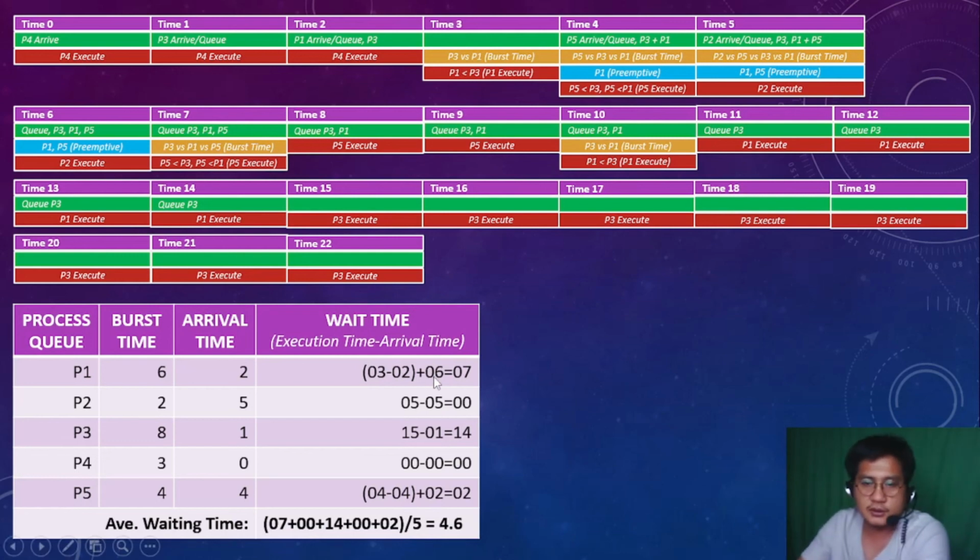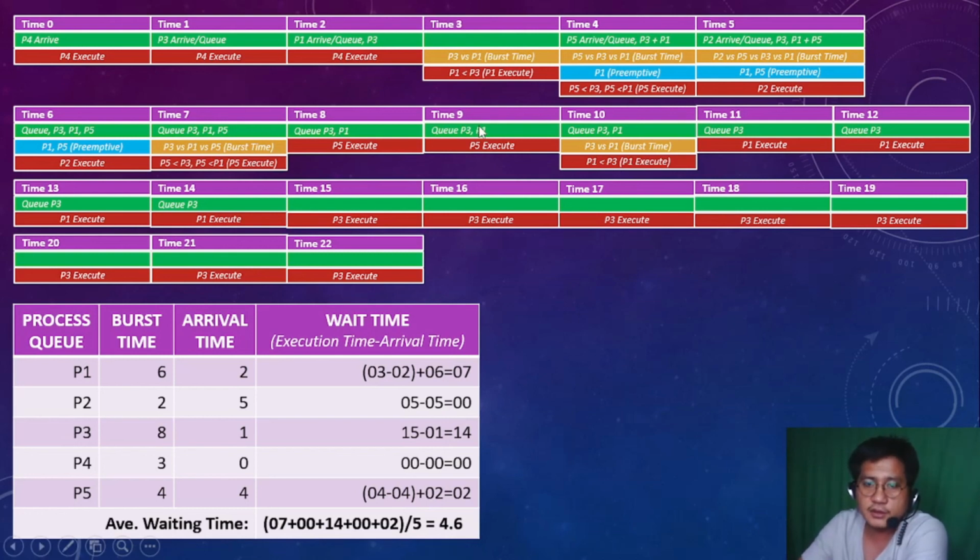So it is here that on process 1, we have a 0 plus 6 to the answer of execution time plus arrival time because of this preemptive status from time 4, and then it regains control of the central processing unit at around time 10.